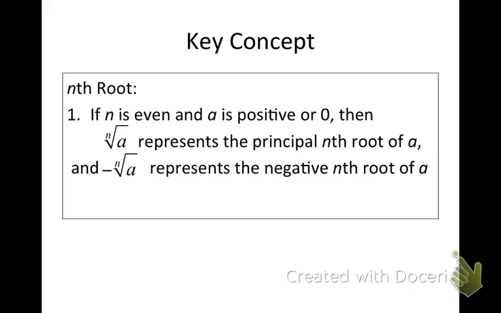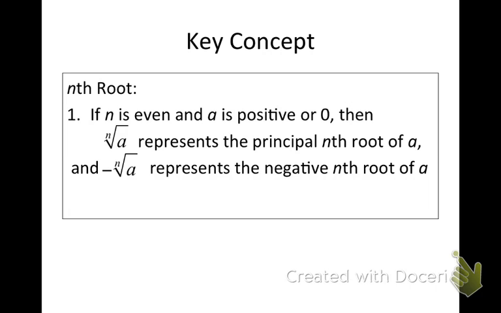So now let's go over what the different rules are for the nth root, depending on what's happening. So when we have the nth root, meaning whatever number I want to plug in for n.